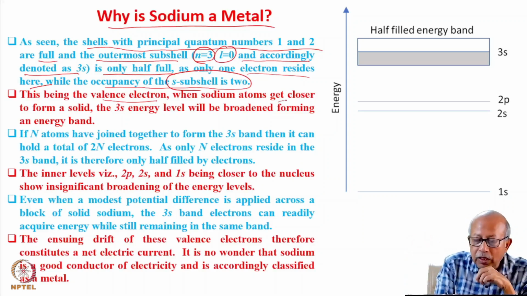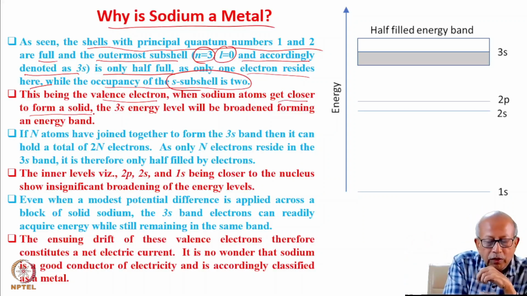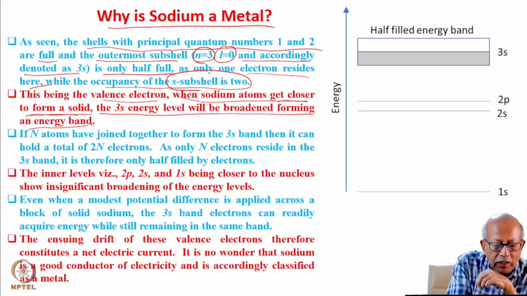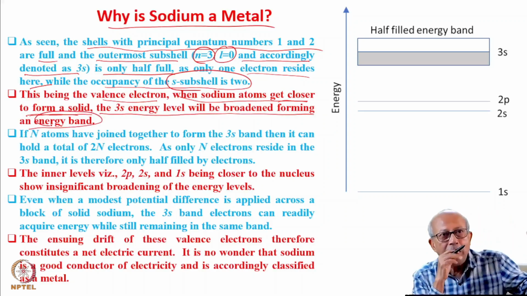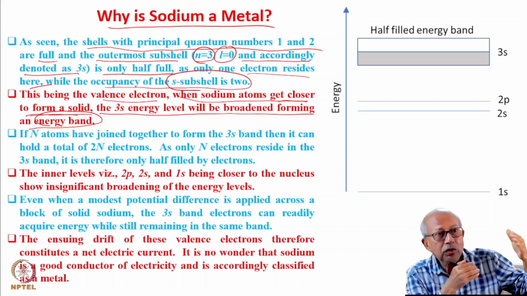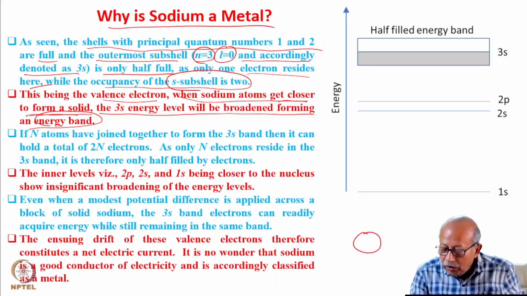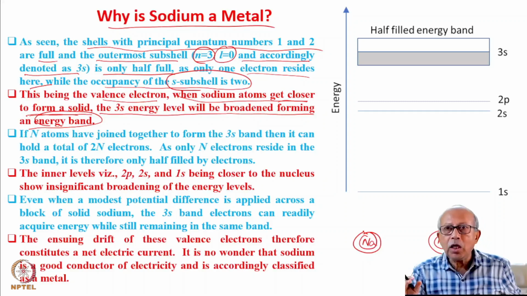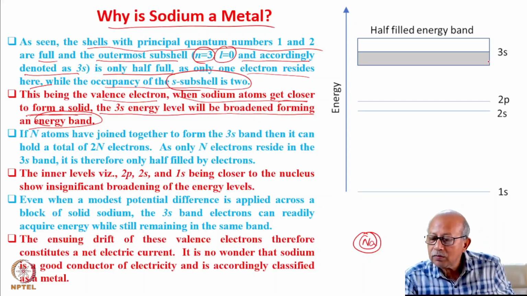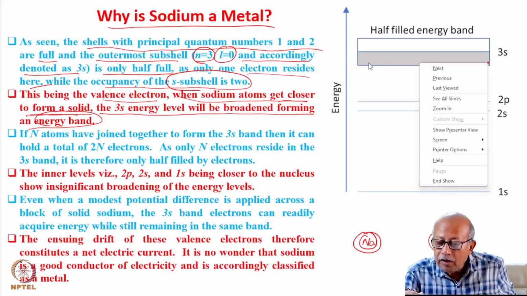When sodium atoms get closer to form a solid, the 3s energy level will be broadened, forming an energy band, just as we explained in case of the hydrogen atoms when they are brought close together. So similarly, when two sodium atoms are brought closer to each other, then this ground state, that is that 3s energy level, would be actually broadened, as is shown here.